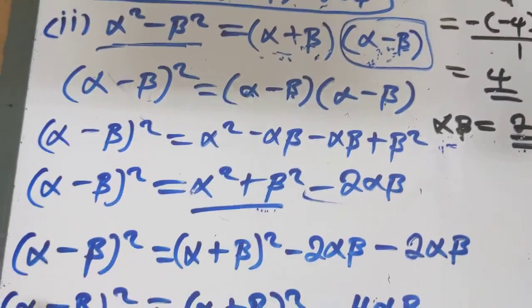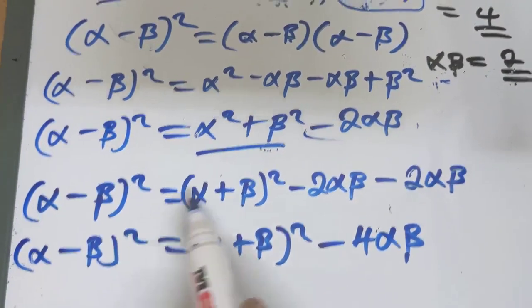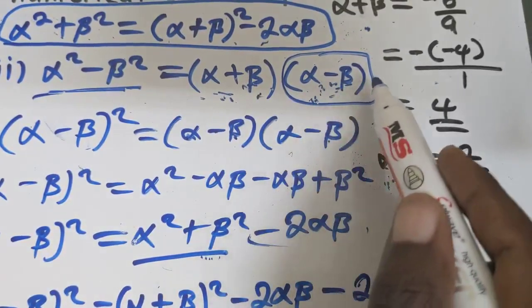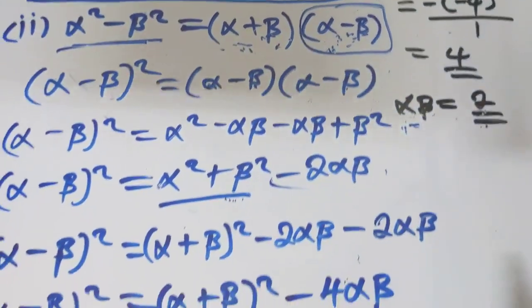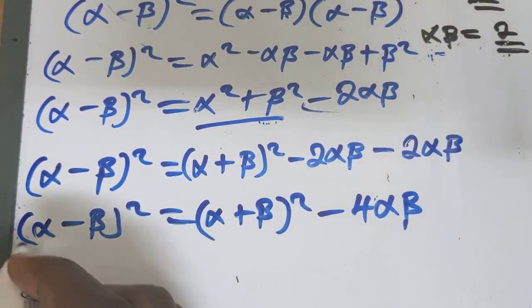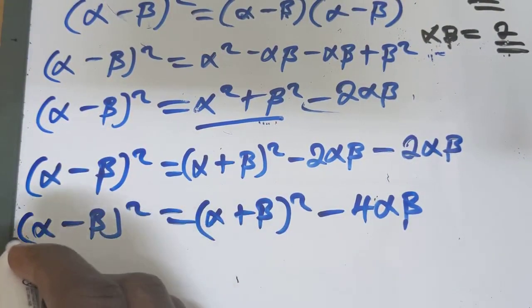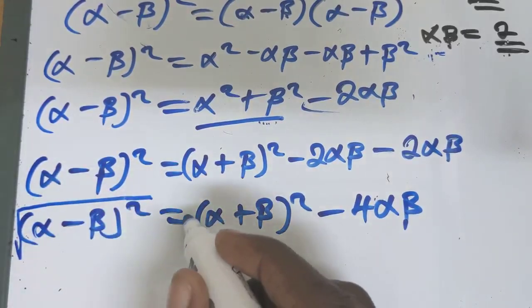Look at this formula here. We want to find the difference, the one that doesn't have a power 2. But right here we have a power 2, so we don't need it. If you want to get rid of the power, you just introduce a square root on both sides.